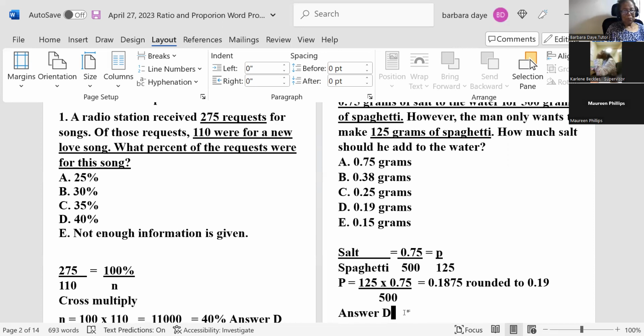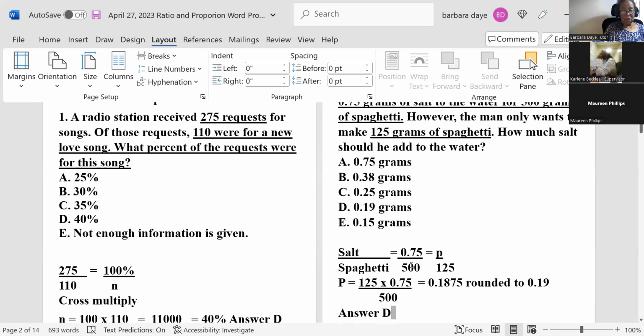There we go. All right, Maureen. So very good. You set it up correctly. Now back up here, you asked me about setting it up. You could have said spaghetti over salt. That meant you would have to put the 500 over the 0.75, right? You follow, Maureen? If you had said spaghetti over salt, then you'd have to put the spaghetti amount over the salt amount, right?